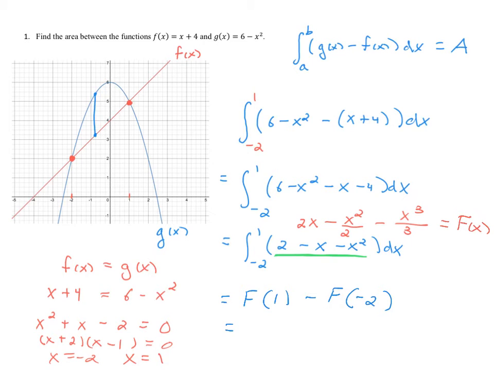It'll be close enough. F of 1 is about 1.17, and I'm subtracting F of -2, which is -3.33. So that's 1.17. The negative is going to be plus 3.33. And when I add those two values together, I get 4.5.